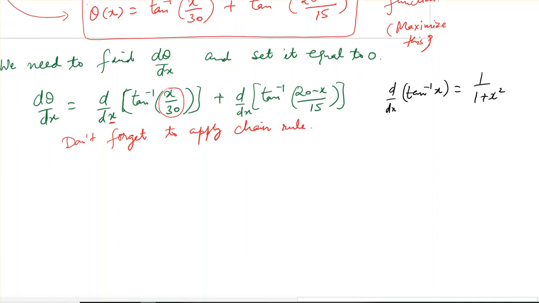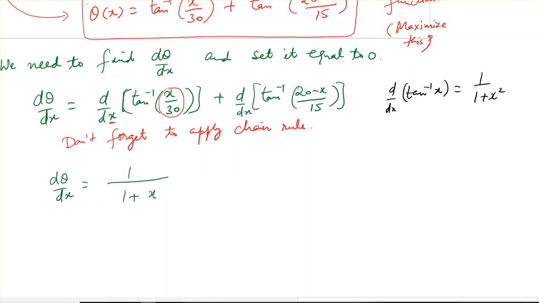So let's take the derivative. d theta over dx would be, so first, the derivative of tangent inverse is 1 over 1 plus whatever the angle is, squared.